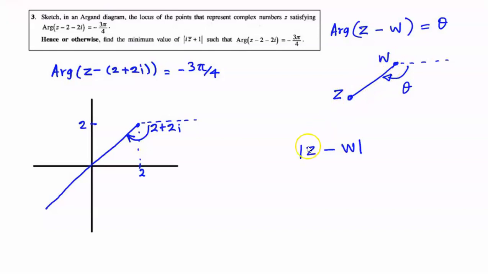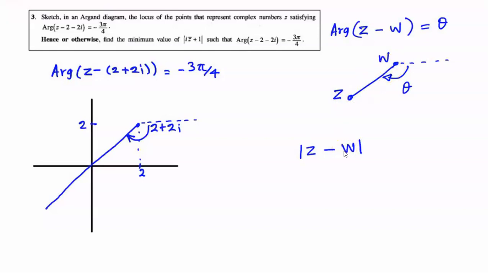So the magnitude of the difference of the two complex numbers is just a distance question. You just have to find the distance between the two points that show the two complex numbers.